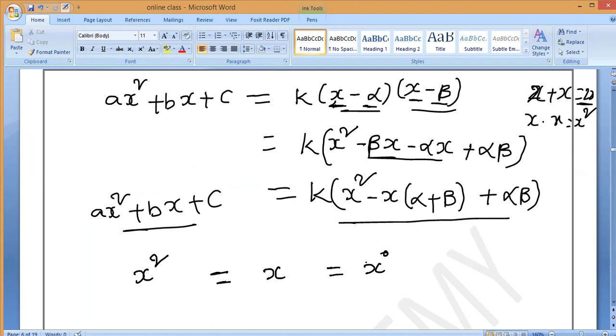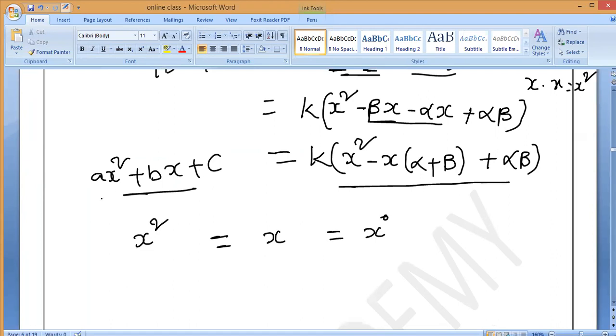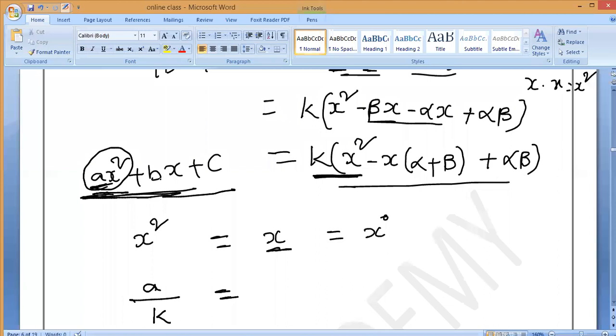What is the x square coefficient ratio? In this equation, the x square coefficient is a, and in the other it is k. So a by k equals the x coefficient: b in this equation.